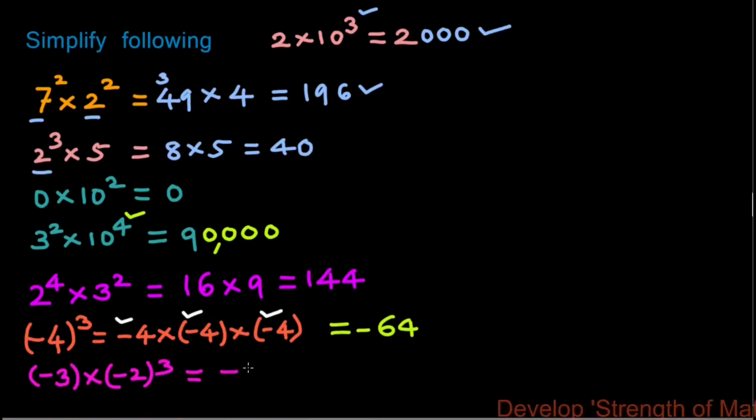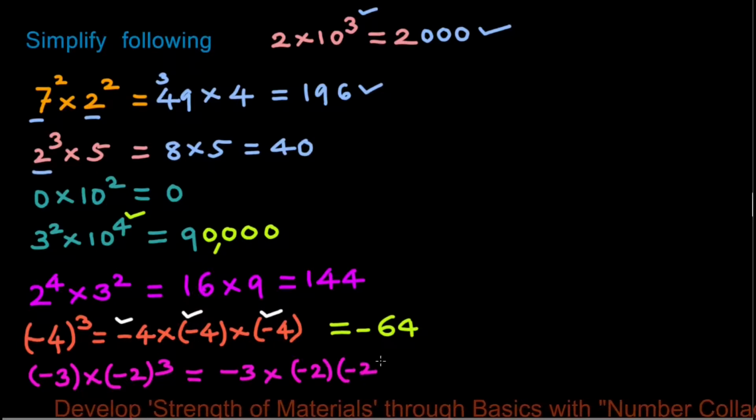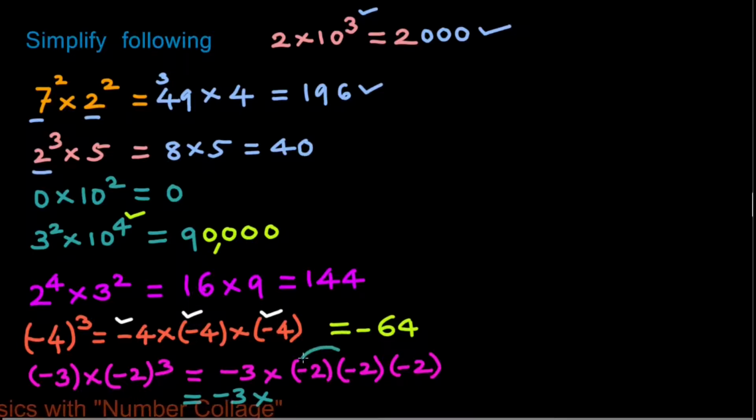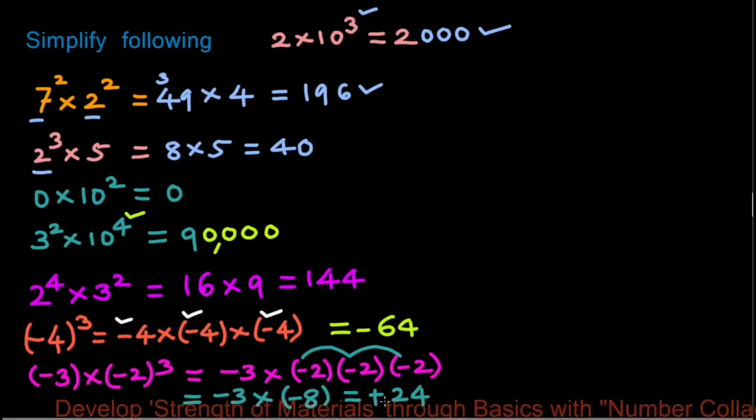Minus 2 cube will be minus 2 multiplied by minus 2 multiplied by minus 2. So it will be minus 3 multiplied by minus 8, since minus into minus will be plus, plus into minus will be minus again. Minus 3 eights are 24, and minus into minus will be plus. So it will be plus 24, the simplified form.